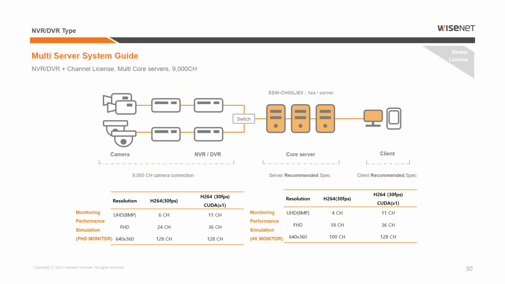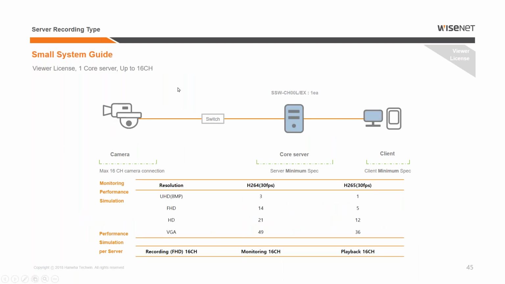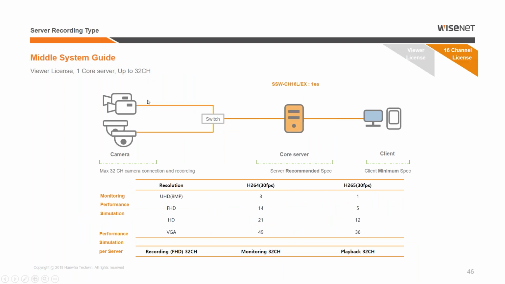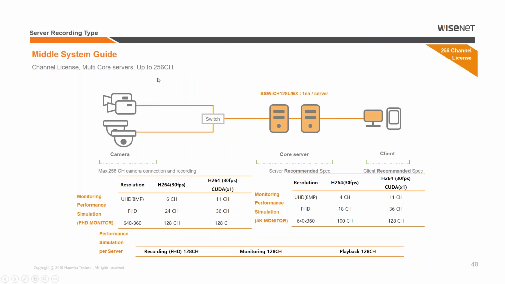Now let's take another example where the recording is not on the NVR but directly on the server. Let's say I have 256 cameras, but there's no NVR in between. The recording is on the server itself. In this case, each can handle 128 cameras.